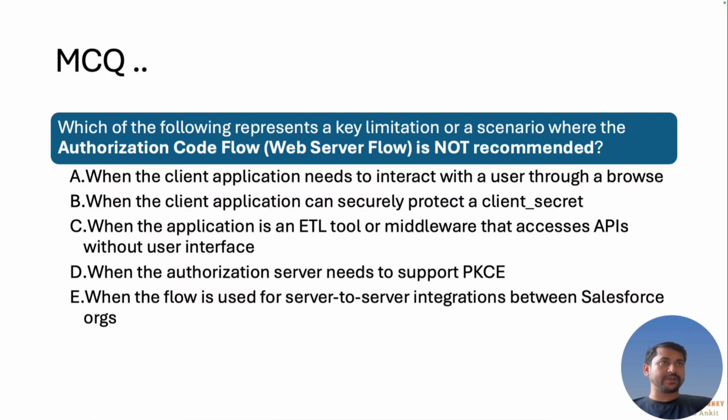When the application, like an ETL tool or middleware, can access the API without UI? When the authorization server needs to support PKCE? Or when the flow is used for server to server integrations between Salesforce orgs? Let me know your thoughts on in what scenarios you should not use the authorization code flow.